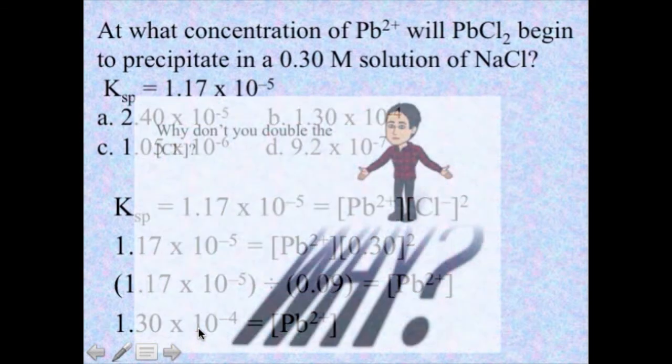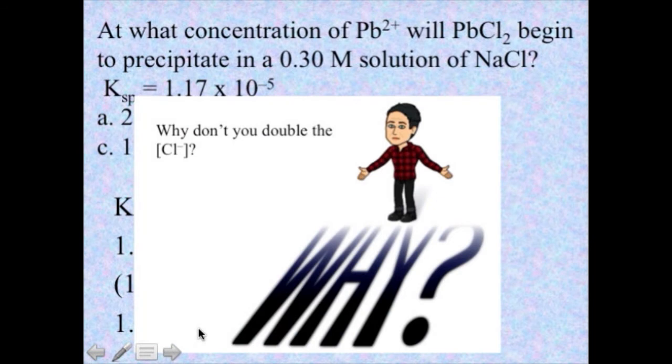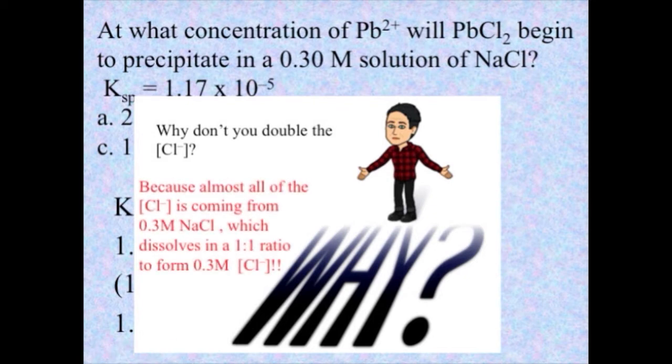So now I can hear some of you screaming, "Why don't you double the chloride ion?" And the answer to that is because almost all of the chloride ion is coming from 0.3 molar sodium chloride, which breaks up in a 1-to-1 ratio to form 0.3 molar of chloride ion, not double.